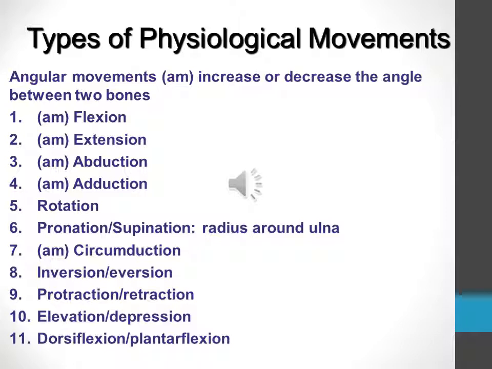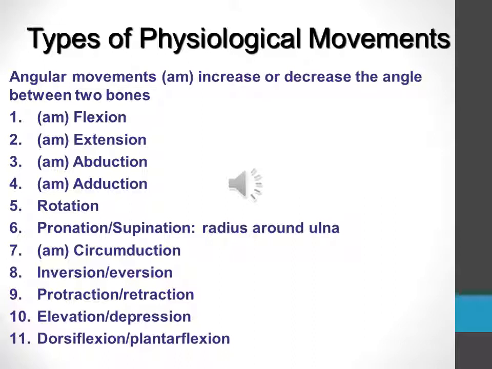I'm not going to spend any more time on that, because what we're focused on are types of physiological movements in this list. We have angular movements, and these are ones that specifically are going to increase or decrease the angle between two bones. I've labeled those for you.